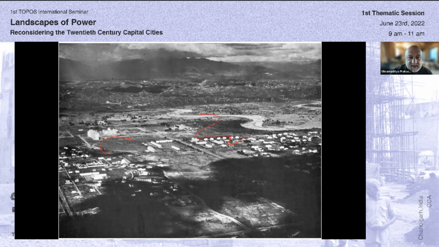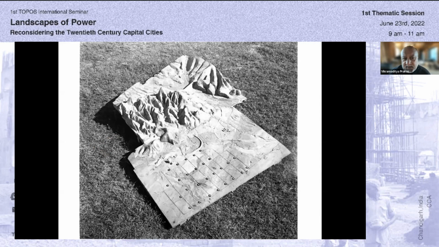The very close relationship between the mountains, the flow of water and the organization of the city is also evident in this old model with exaggerated heights that was made when Chandigarh was being built, in which you can see a dramatic and clear relationship between how water flows down these hills and how it flows, therefore, into and through the city.